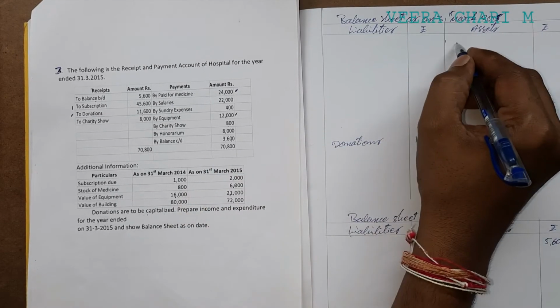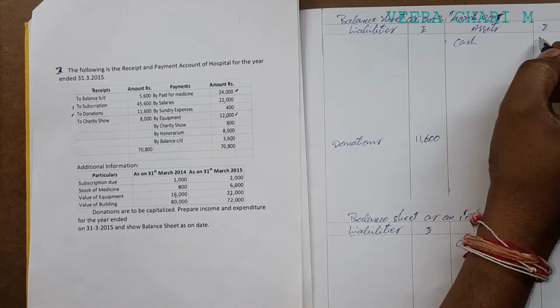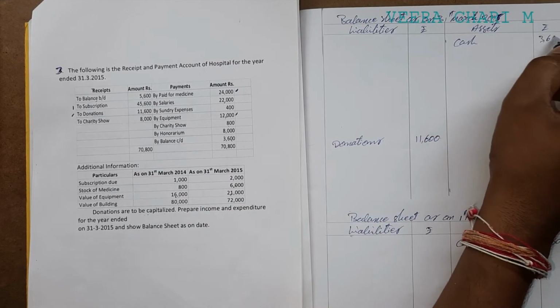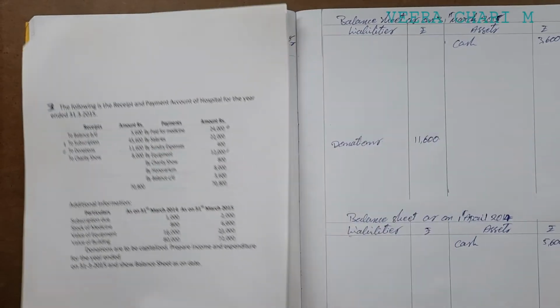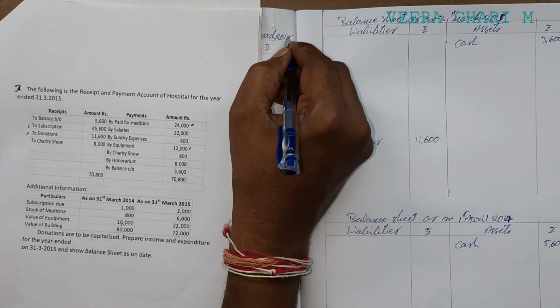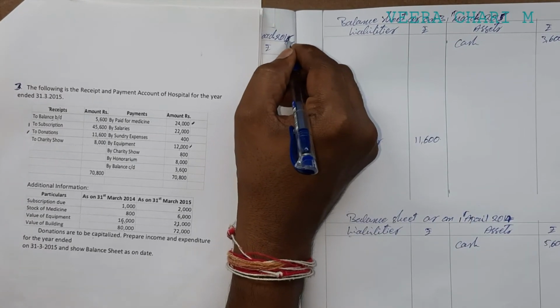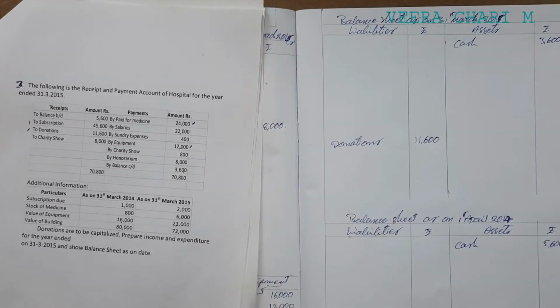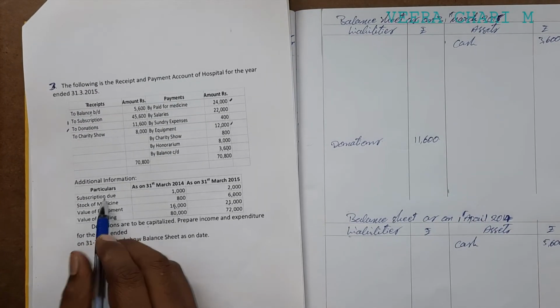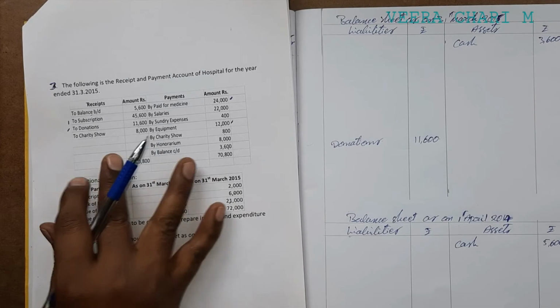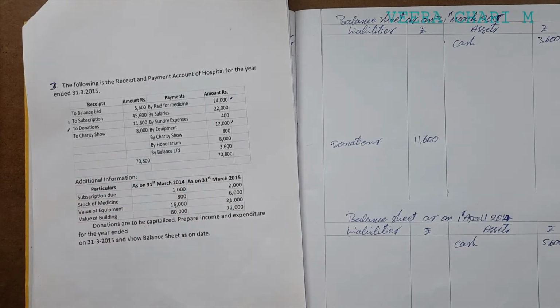Cash is 3,600, the closing balance of cash only 3,600. Next, all the receipts and payments are completed. We have entered them in the receipts and payments, the income and expenditure account, and the opening and closing balance sheets.